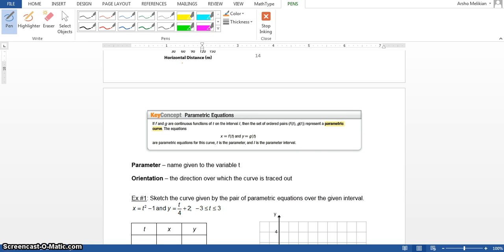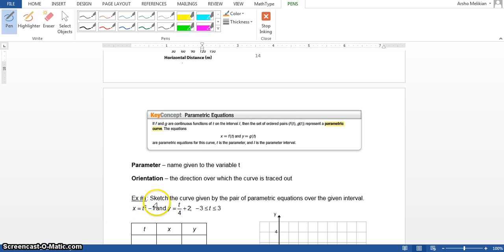What we talked about, combining the two scenarios, the horizontal distance and the vertical distance, into one, is the concept behind using parametric equations. The parameter is the variable t. This is the one that is eliminated when we write an equation in just x and y.